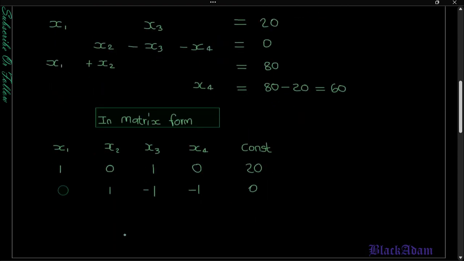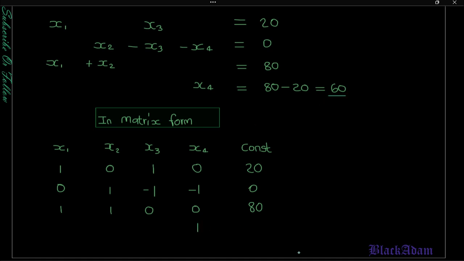The third row will have 1 there, and then 1 also on the x2, and the constant is 80. The remaining part will be 0, 0. And the last row we have 1 there, which is equivalent to 60. The remaining parts will be 0, 0.